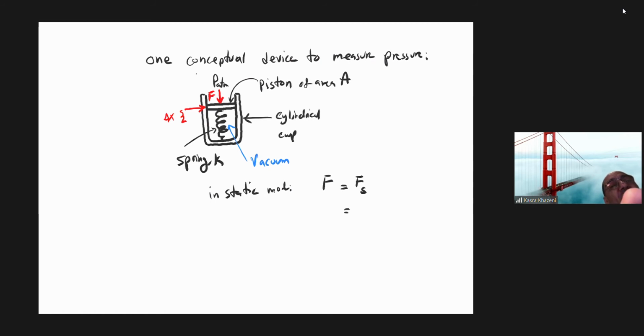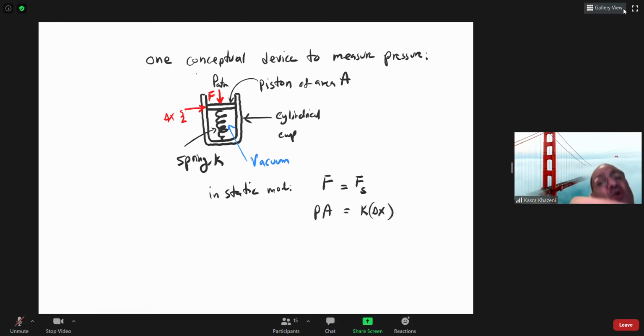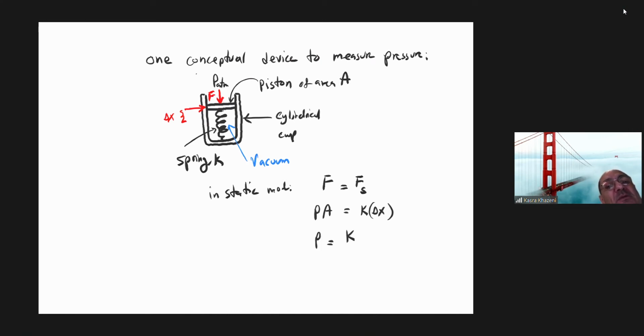Now, of course, force on the top is equal to pressure times the area, and force of the spring is equal to K delta X. And so if you know K, you know delta X, and you know the area, you can calculate the pressure of the atmosphere. I'm sorry, that's area.